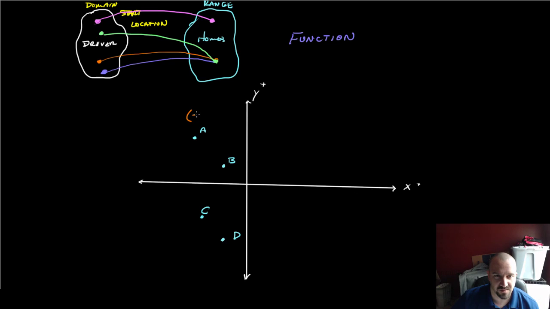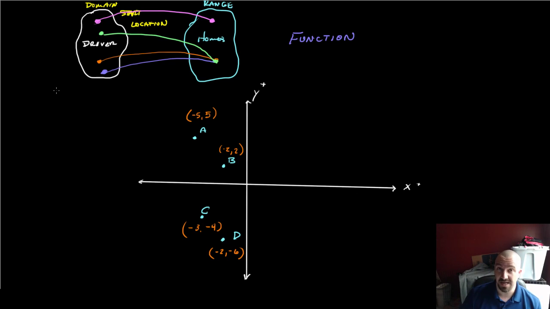Point A may have a value of something like -5, 5. Point B might be something like -2, 2. C may be -3, -4. And then D may be -2, -6. And then we'll discuss what the domain and range is, and then ask ourselves, is it in fact a function?